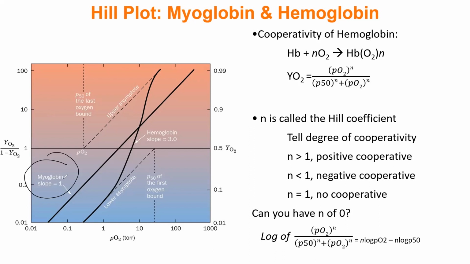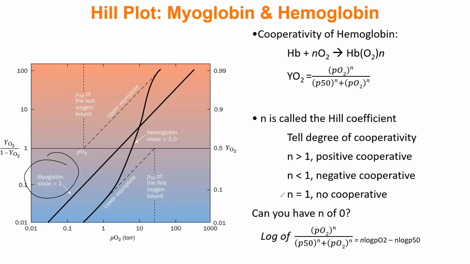That means the Hill coefficient for myoglobin is 1. If your Hill coefficient is 1, that means you do not have any cooperativity. That is, the binding of one ligand does not affect any other binding sites. For myoglobin, this makes perfect sense.